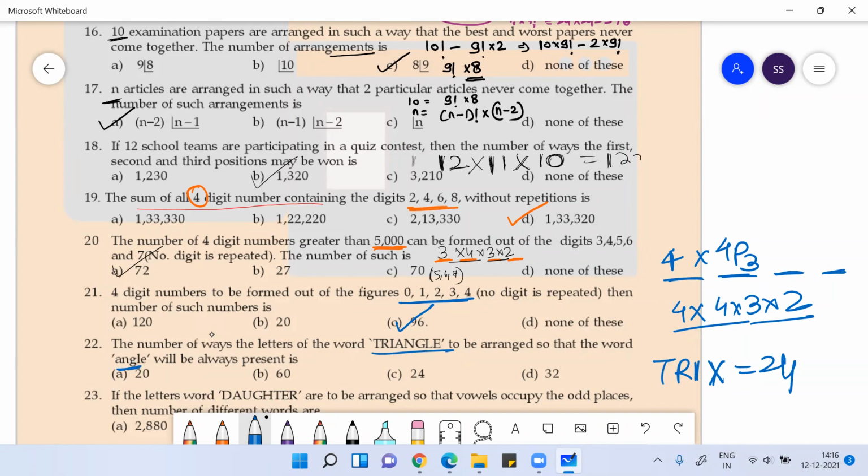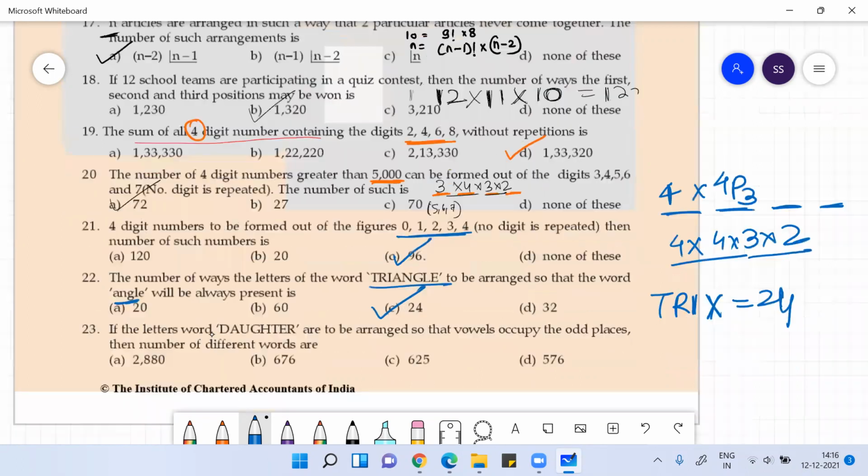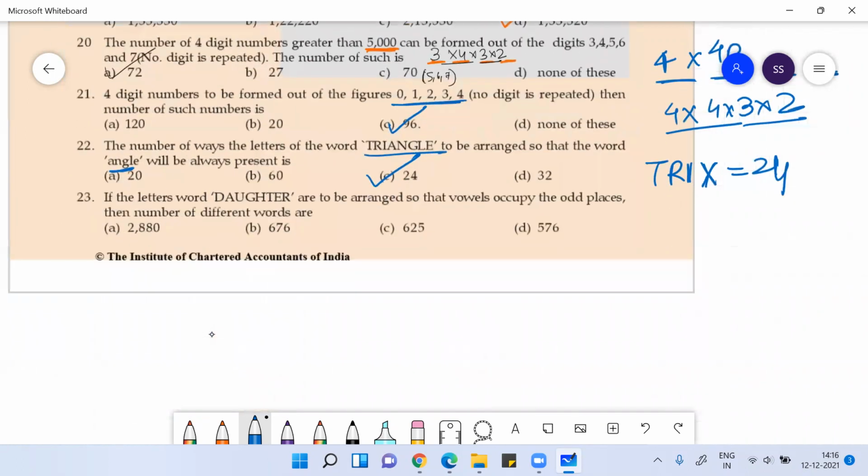They are moving together, but you cannot interchange the places because then it will mean something else. You want ANGLE in that sequence. So you get 2880.